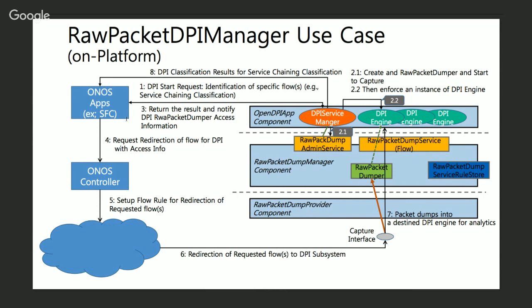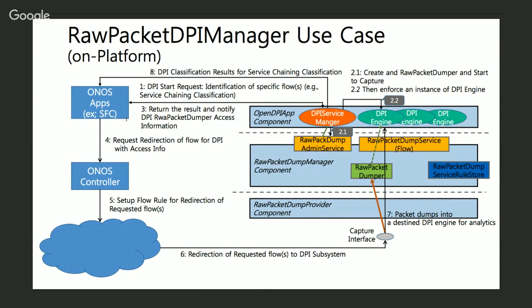You identify the specific flows, but not until step 4 do we actually request the redirection. Through process 3, it receives the contact information about the packet dumper, so the application knows where the traffic flow information can be redirected to.